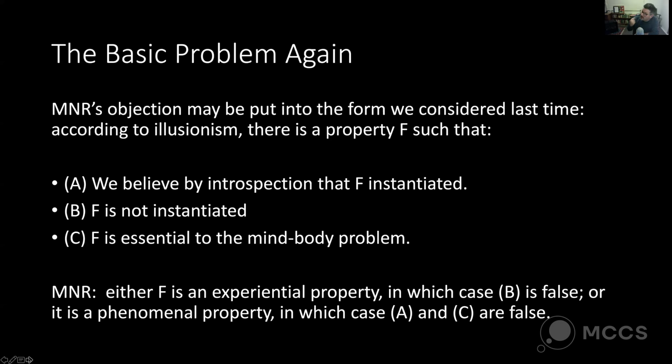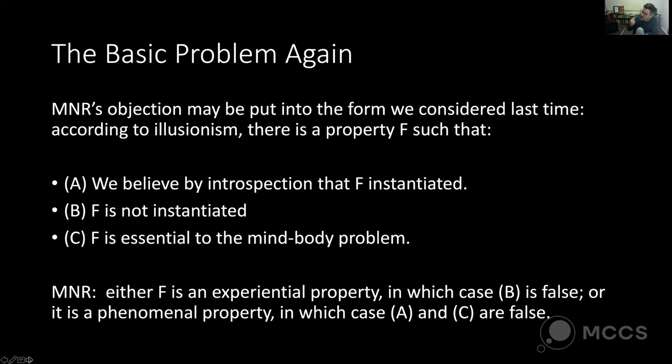The idea is, well, if there is such a thing as phenomenal properties and they're instantiated, then they must be, first of all, properties of events, and be phenomenal. Well, what does phenomenal mean? Well, the idea is that it's somehow intuitively connected with experiences, or something of that kind. Connected somehow with phenomenal consciousness.